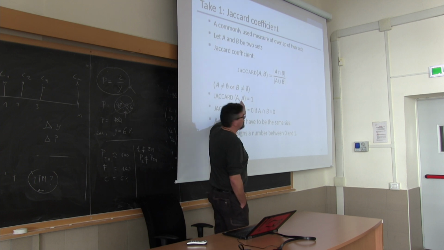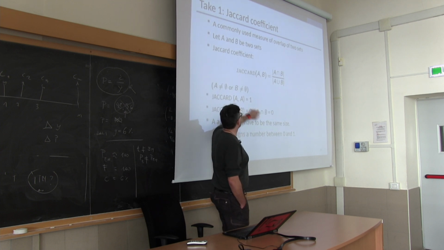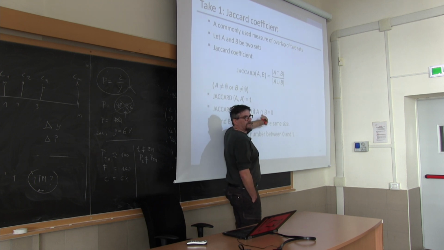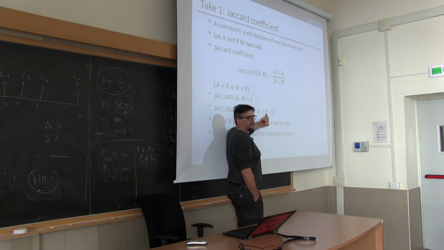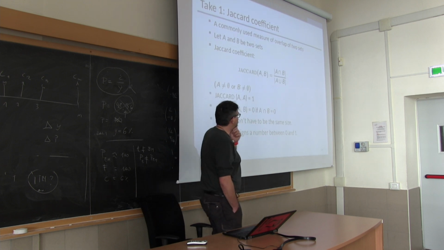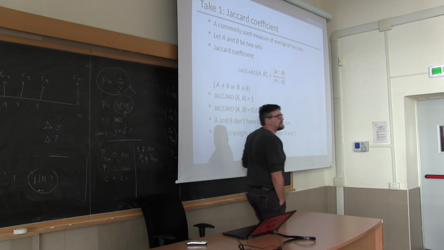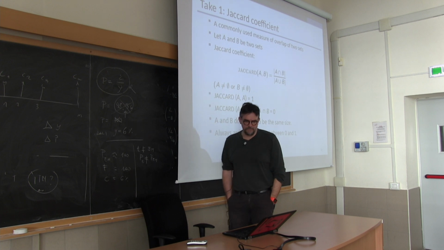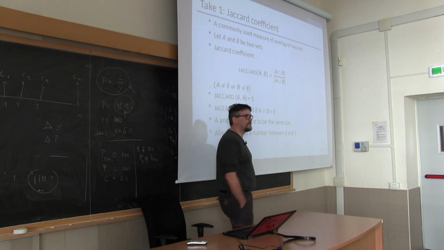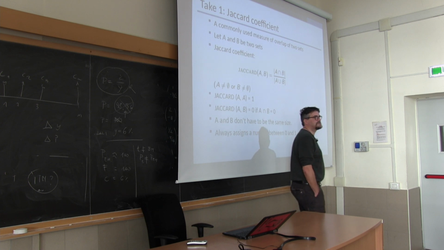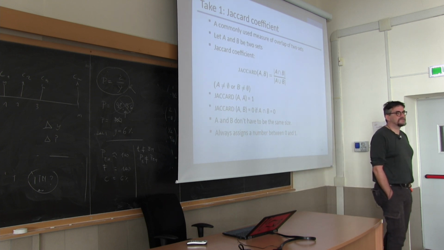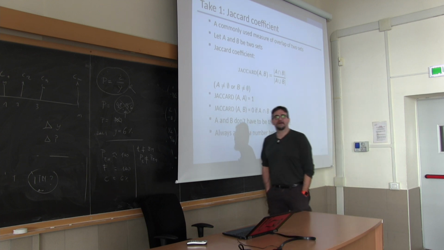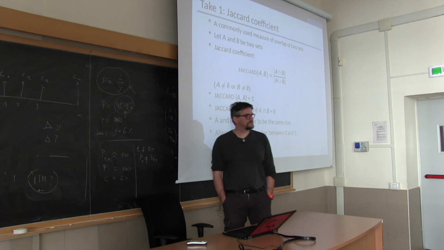So if the query and the document are the same, clearly you get 1. If they have nothing in common, so the intersection is null, you have 0, and then you have values between 0 and 1 representing all the other possibilities. What we like about the Jaccard coefficient is that it is consistent with our idea of defining a metric providing us a number between 0 and 1. It works.